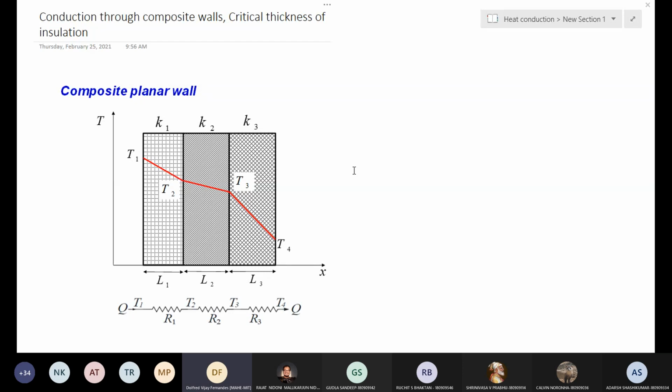Looking at the image, K1, K2, K3, you may have a material with very low thermal conductivity, and that material itself will act as the best insulator. It will reduce the heat transfer very much. But why do we have to go for multi-layers?